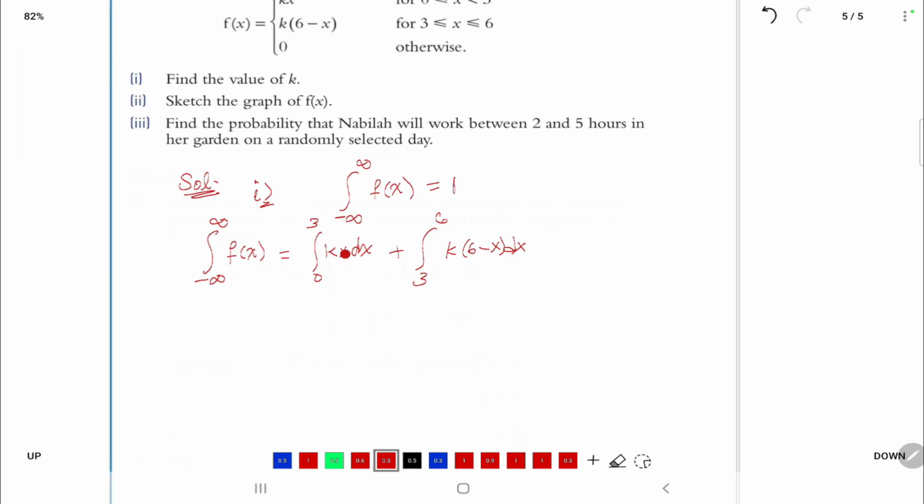The third part is ignored. Why? Because it is 0, so it does not contribute any value.